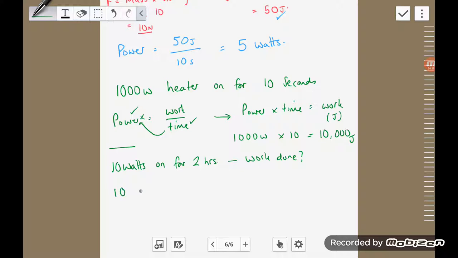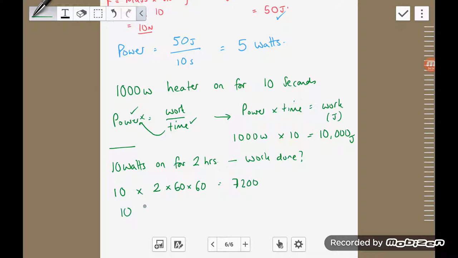So we've got our power there, times the time, which is 2 hours, which is 2 times 60 seconds in a minute, and 60 minutes in an hour. So that is 2 times 3,600, which is 7,200.